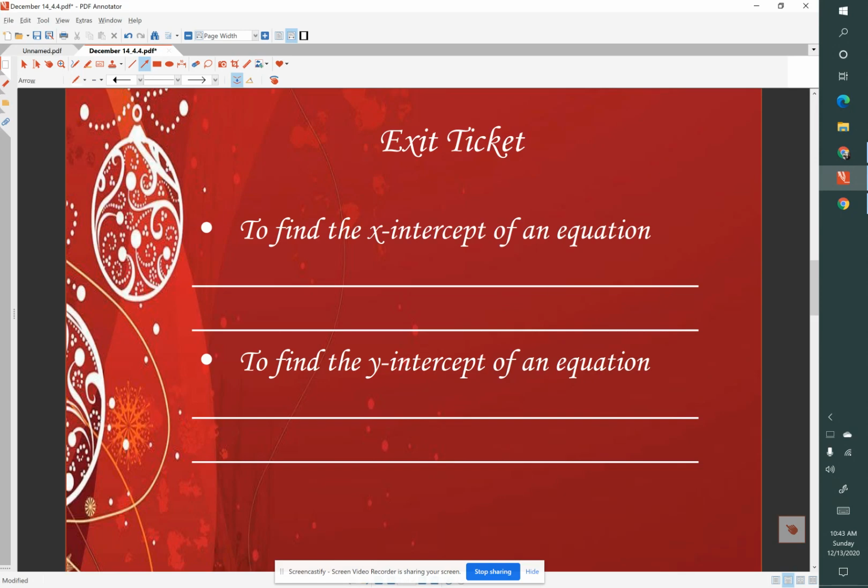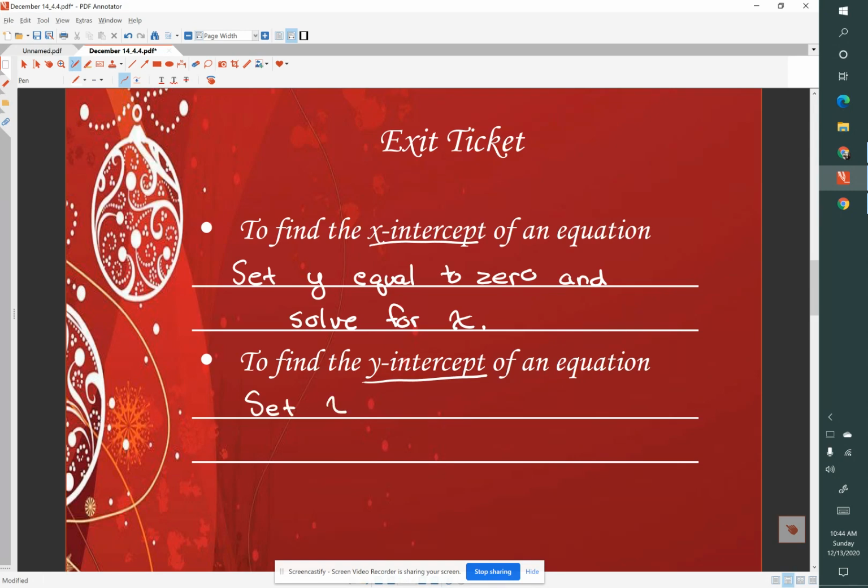So to find the x-intercept of an equation, set y equal to 0 and solve for x. Okay, to find the y-intercept of an equation, set x equal to 0 and solve for y.